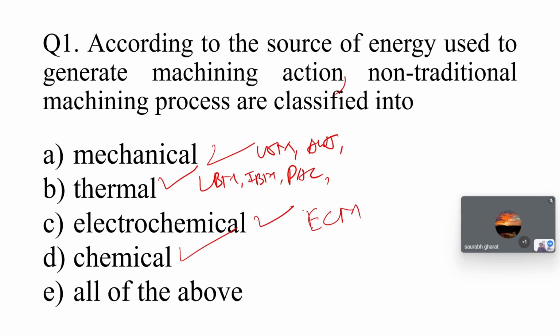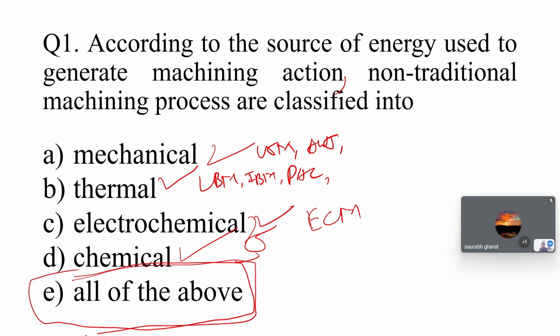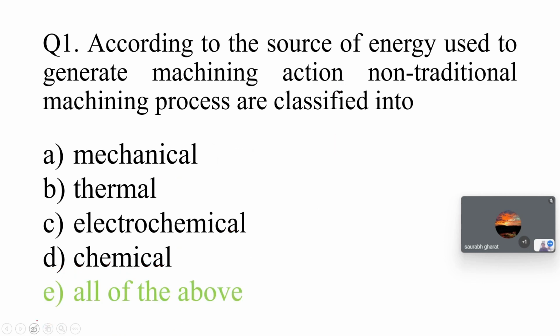Here you are using an agent, electrochemical machining and chemical machining you have to use. So all of the above will be the part here. In chemical you are using chemicals only, so all of the above will be the correct answer.